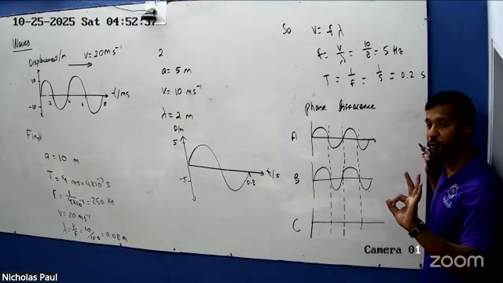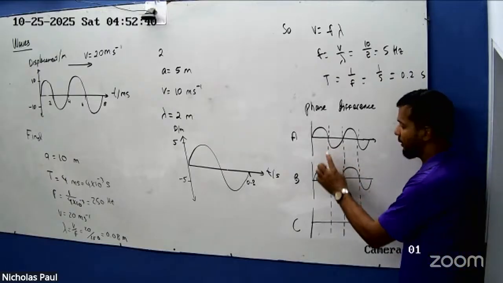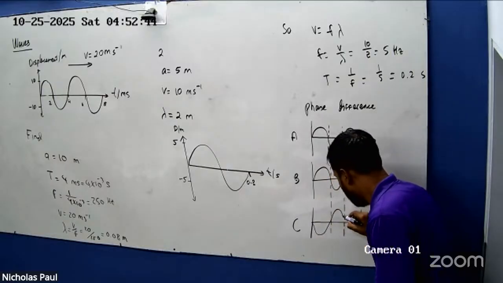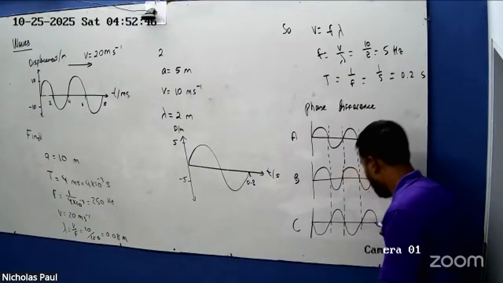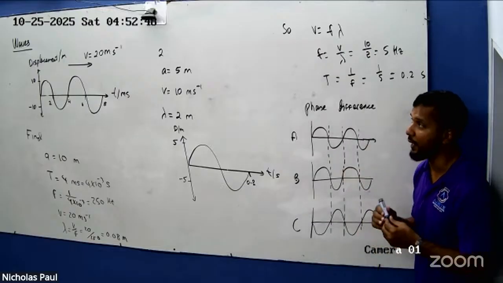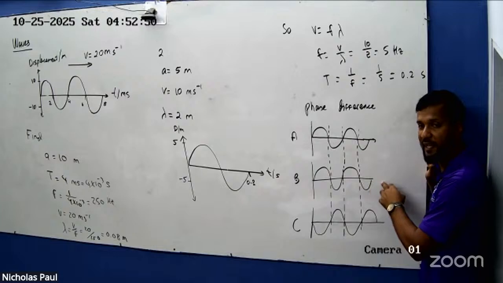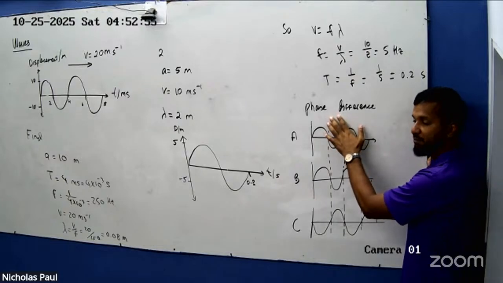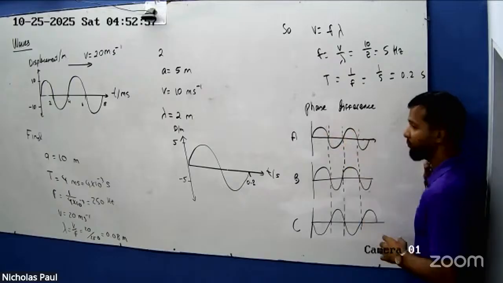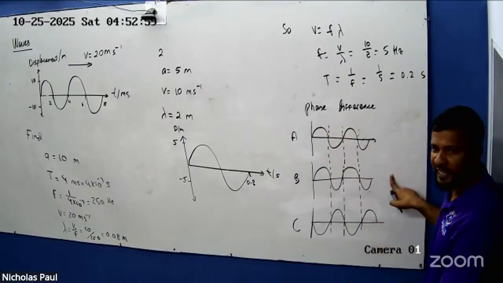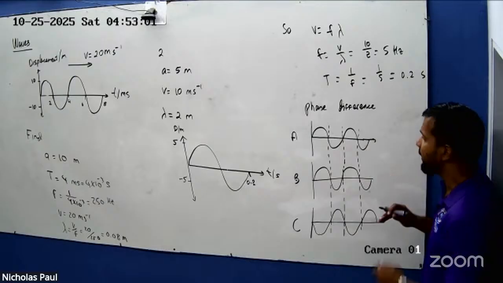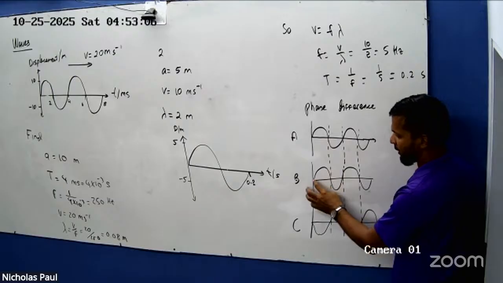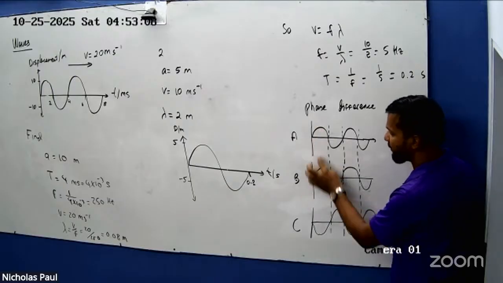Here we have three waves: wave A, wave B, and wave C. We need to understand a phenomenon called phase difference. If we look at waves A and B, you recognize everything is happening at the same point in time.